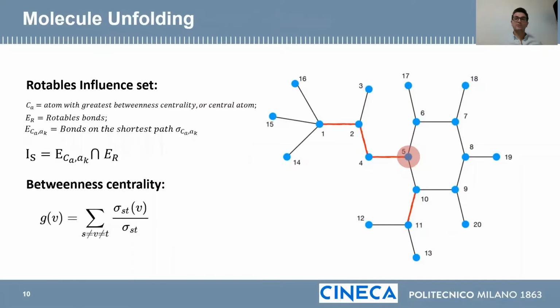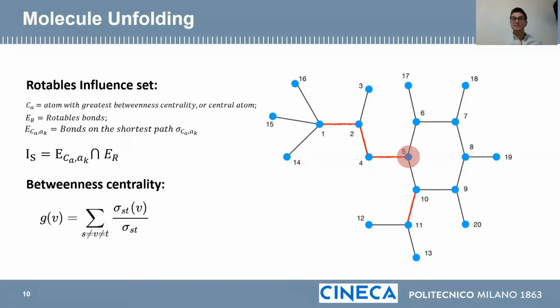Then, after we found the central atom, we will have to detect which atoms have to be rotated by which composition of rotation matrices.